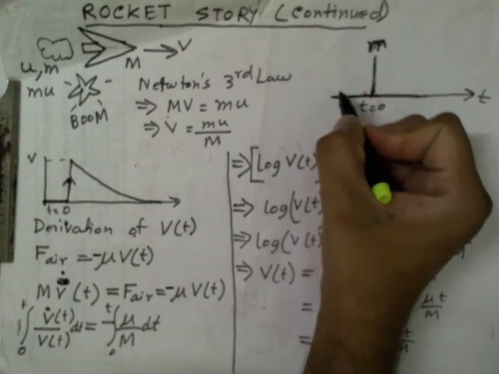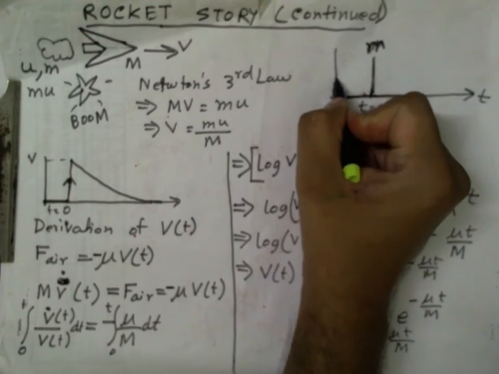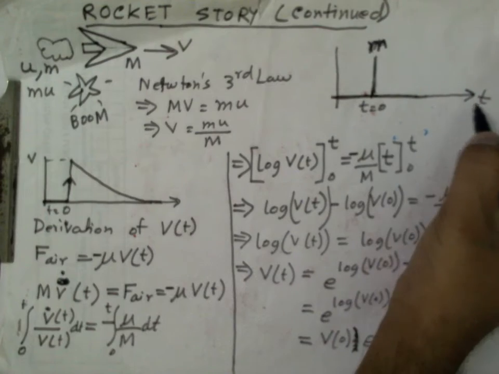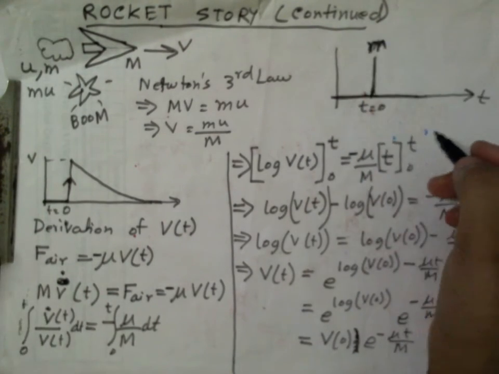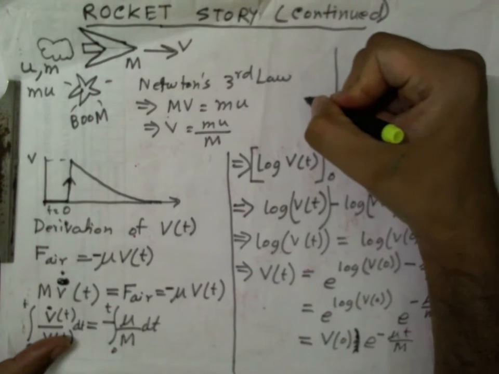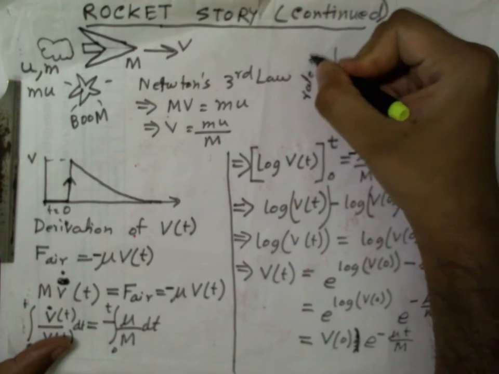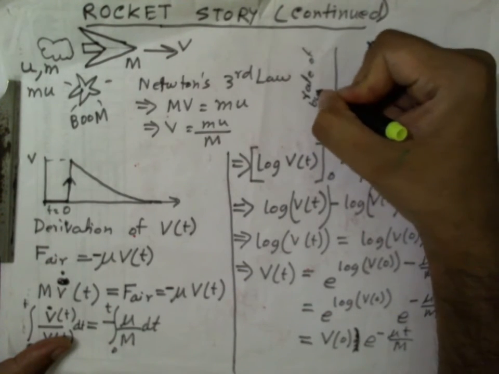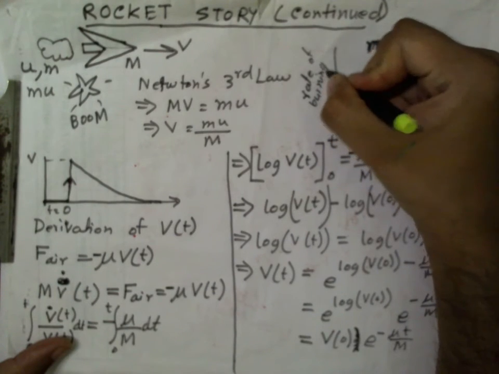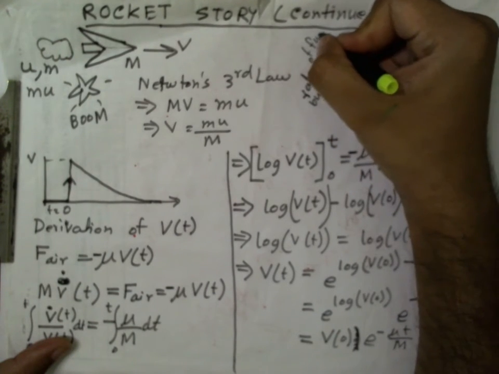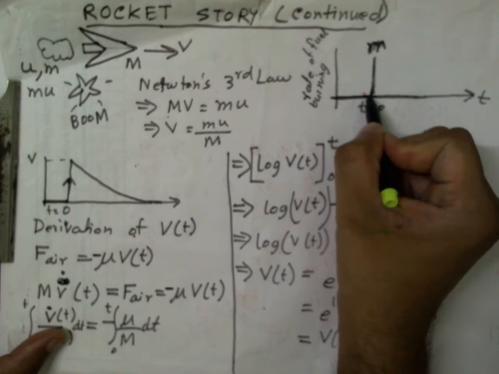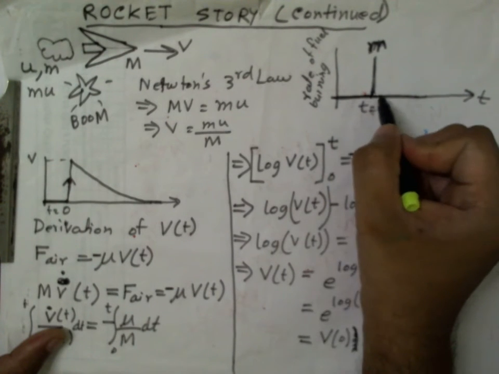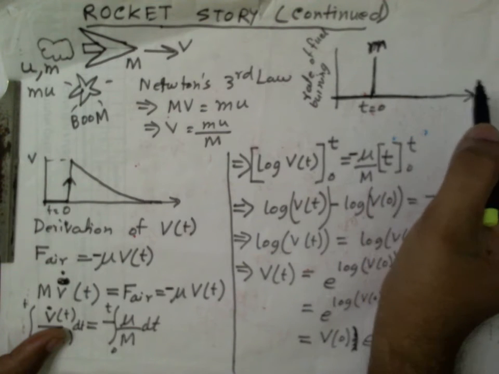Okay, if we now call this y, so x-axis here is time. If we now call this y-axis as being the rate of fuel burning, then the rate of fuel burning is 0 up to t equal to 0 and is again 0 after t equal to 0.